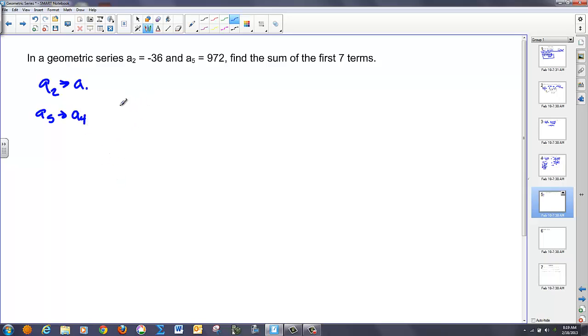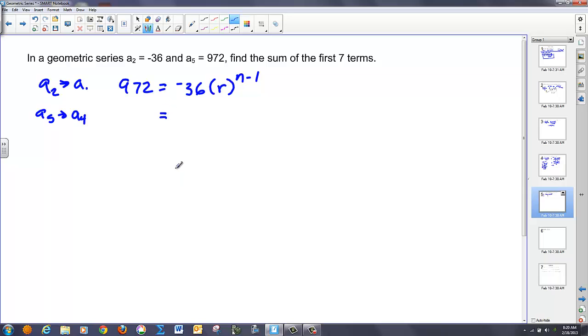So in using my explicit formula, I could say that 972, which is acting like the 4th term, is equal to the first term, which is like negative 36 in this case, times the ratio. And in this case, we have 4 terms, so I would say 4 minus 1 power. And that's going to give us our ratio.